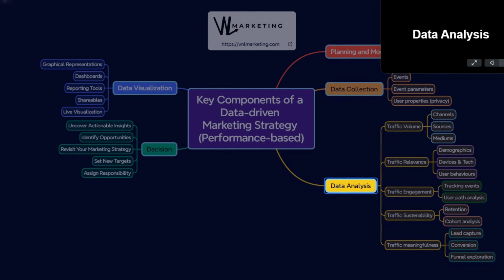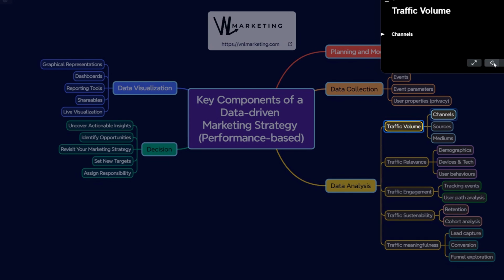So, in data analysis, basically, we look at the traffic volume. And in terms of volume, we are not just looking at the amount of traffic, whether it's 100 or 1 million. We want to pay attention to the channels. Is it a paid channel?